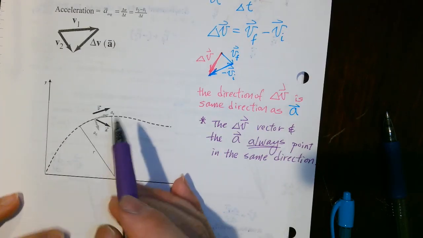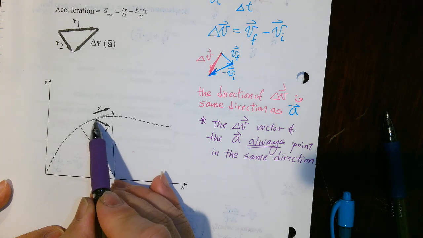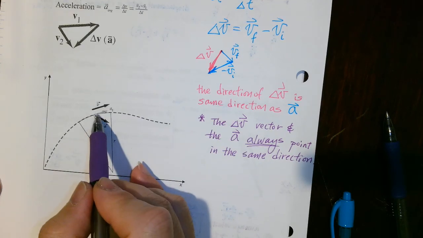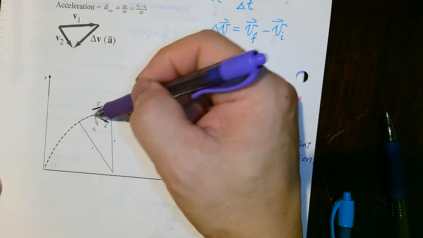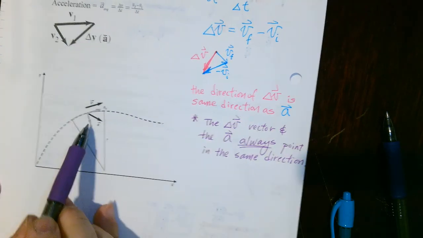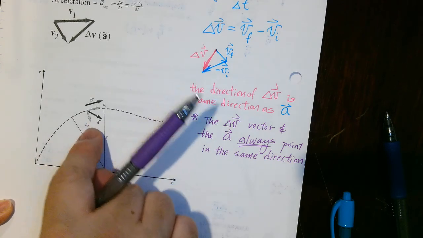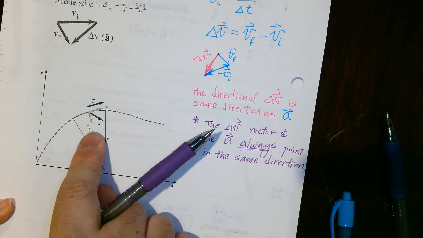Okay? So if this is my velocity vector, which is this way, a tangential, a centripetal, total a, like so. We'll talk about this more in detail when we talk about circular motion.